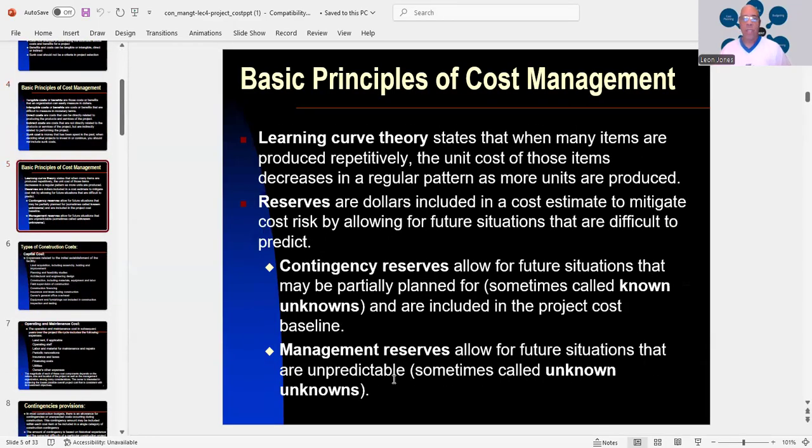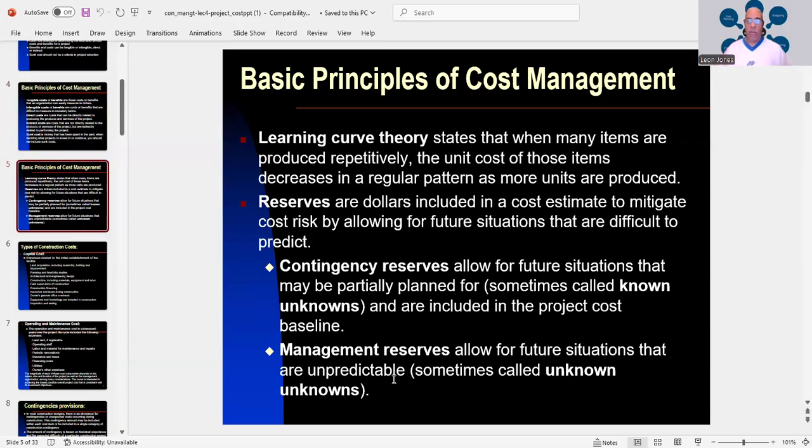Now, we also have the learning curve theory, and that states that when many items are produced repetitively, the unit cost of those items decreases in a regular pattern as more units are produced. Reserves are dollars included in a cost estimate to mitigate cost risk by allowing for future situations that are difficult to predict.